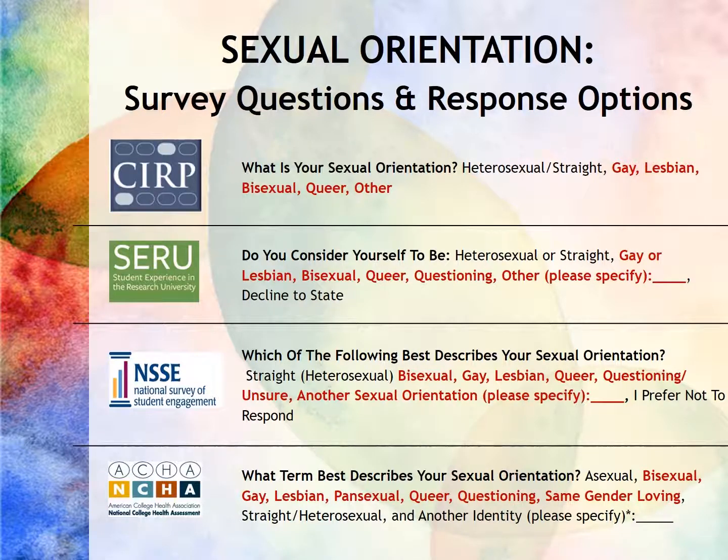That question, though, was rather immature, and in hindsight, really not a good question. It made sense at the time, and before I tell you what that question was, please remember that was 20 years ago, and we've all learned a lot in 20 years. That original question asked students, which of the following best describes you? And they could choose from heterosexual, gay or lesbian, bisexual, transgendered, or unsure.